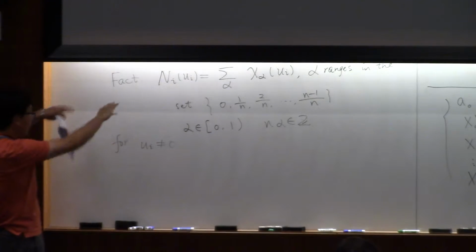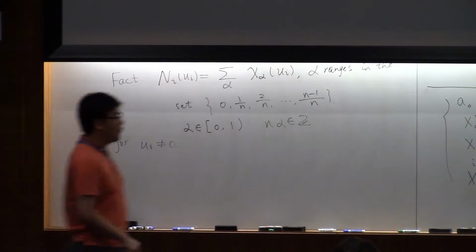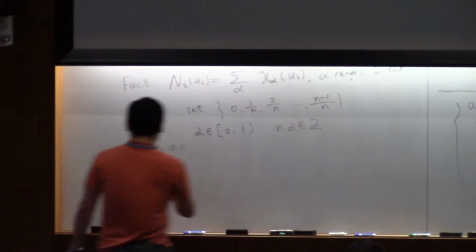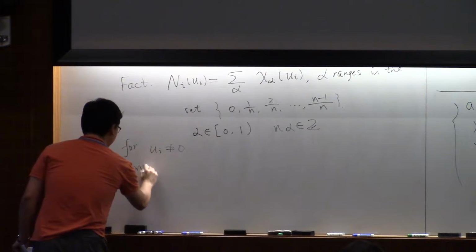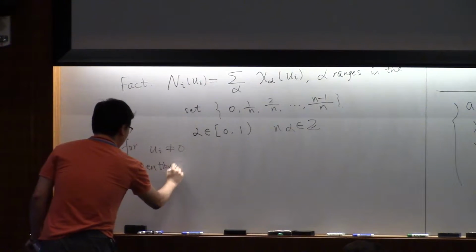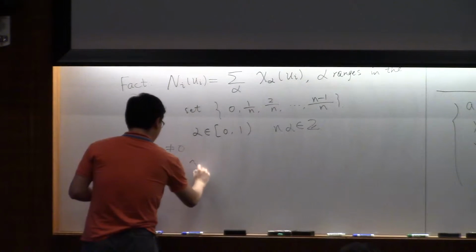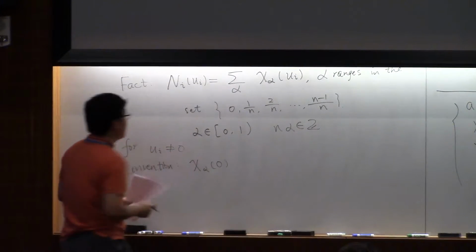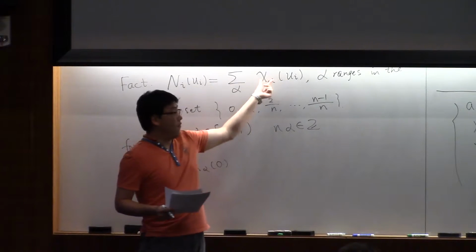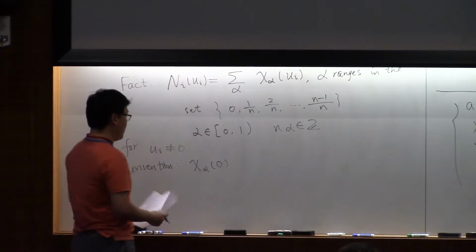But if you want the equality to still be true when ui is 0, then you need to make the following convention. You still need to define the value of these characters as 0.